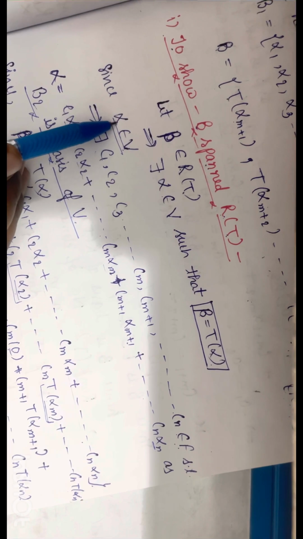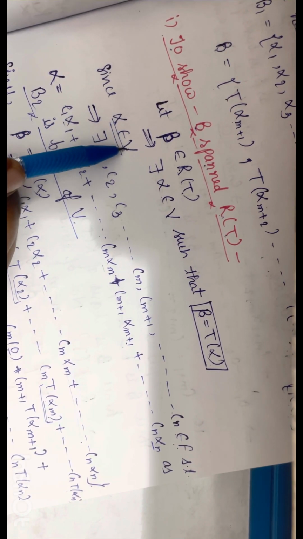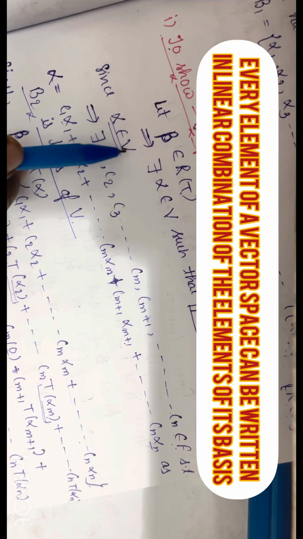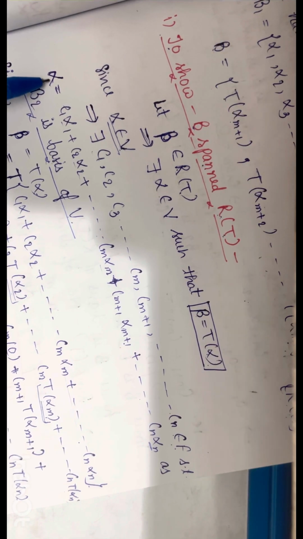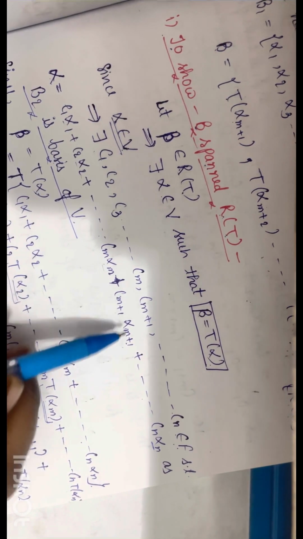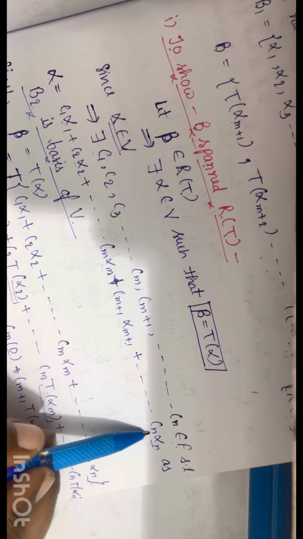So alpha is an element of vector space V, B2 is basis of V, so alpha can be written as a linear combination of elements of its basis.